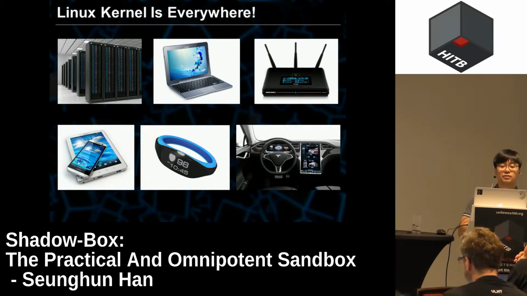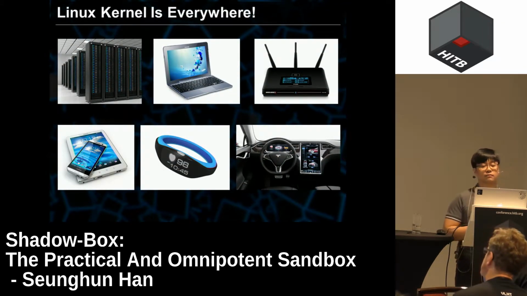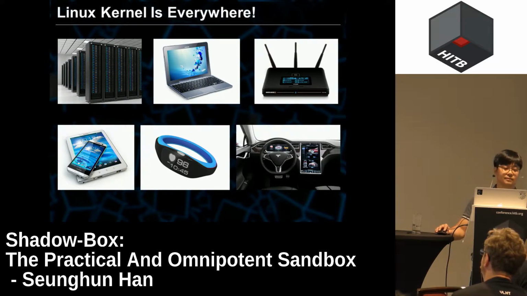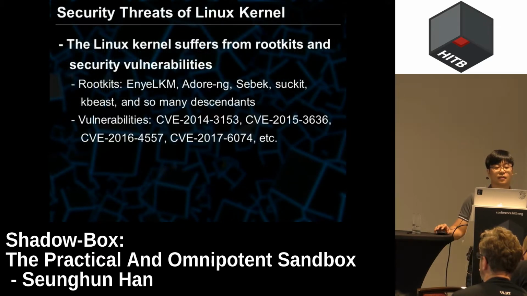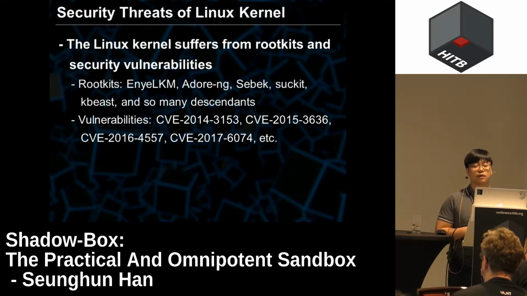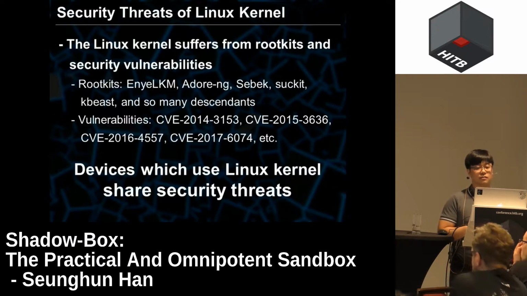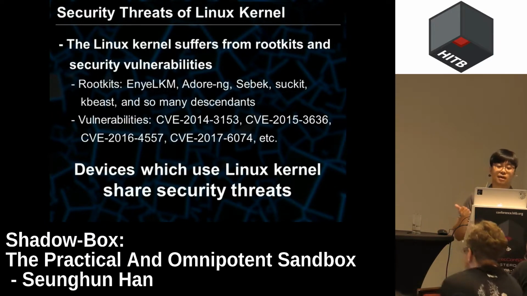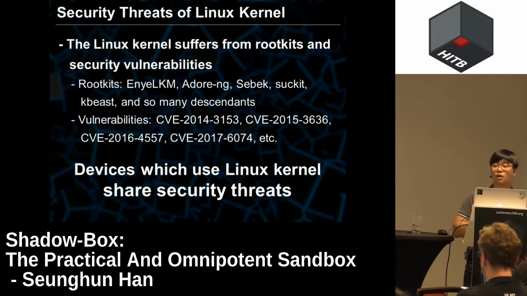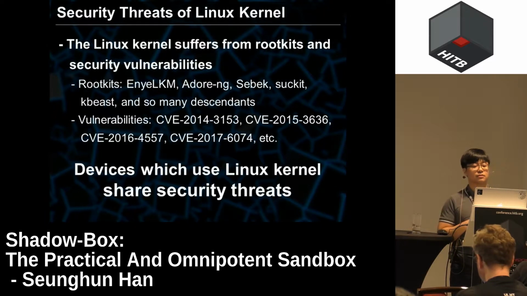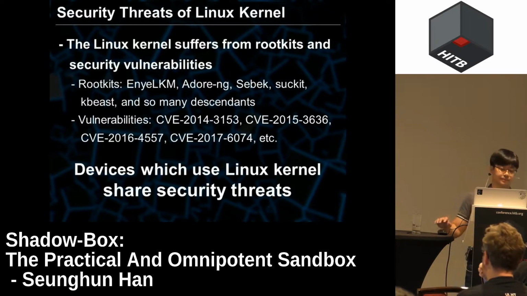As you know, the Linux kernel is everywhere, from servers and PCs to mobile devices and connected cars. And the Linux kernel suffers from rootkits and security vulnerabilities. Unfortunately, devices which use the Linux kernel share these security threats, and the threats often combine with other threats to take control of a system.